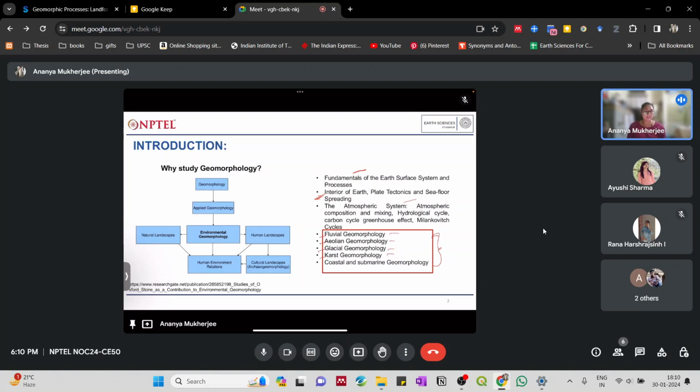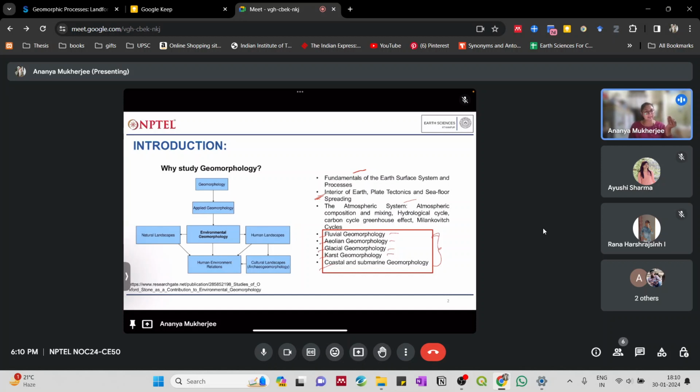Then you have karst, which is typical of areas with groundwater action. And then coastal and submarine is, in the coastal areas, how sea waves, transgression and regression affect and form the different landforms there.